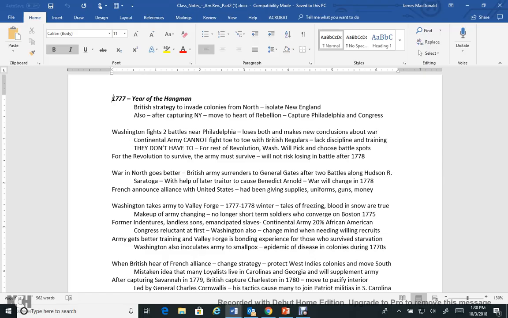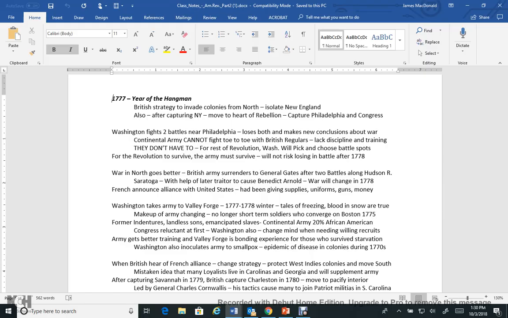And people are beginning to talk in 1777 about Washington's ability as a commander. Is this guy going to be able to get things done? There's something of a whisper campaign in Congress, if you can believe this, because he's such a legend and American icon now, of really replacing Washington with someone else.